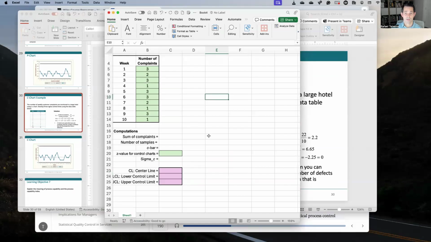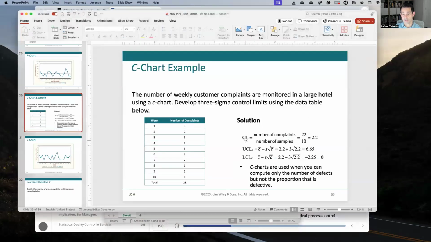What we have to do first is find this C bar. This is the average number of complaints, which we get by dividing the total number of complaints along these 10 weeks by the number of samples we have. Each week is one sample.